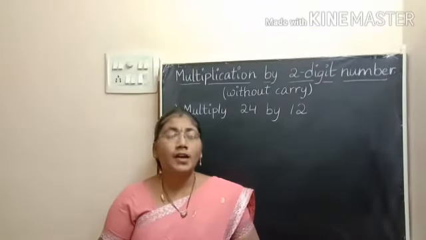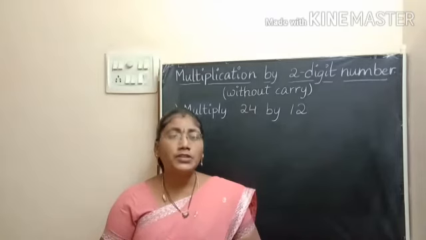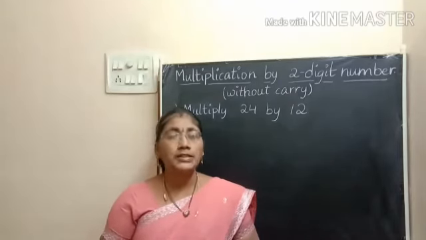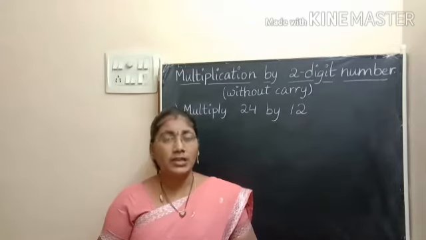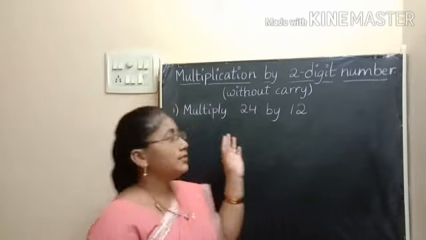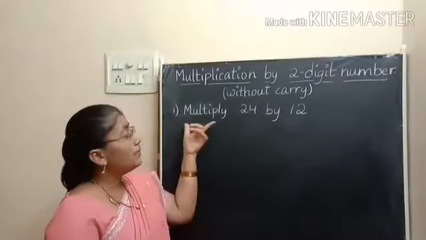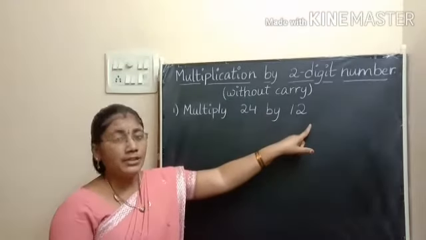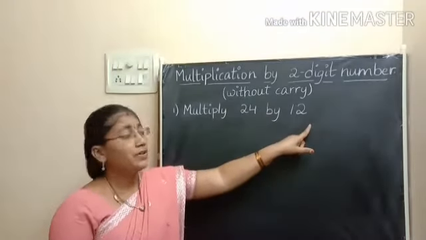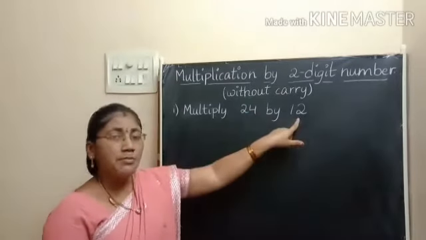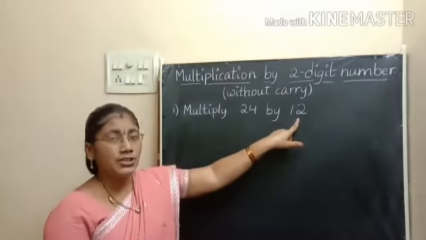Children, now we are going to discuss multiplication by a 2-digit number. Multiplication by a 2-digit number without carry. First I am taking this example. Multiply 24 by 12. Here 24 is the multiplicand, 12 is the multiplier. Understood, children?